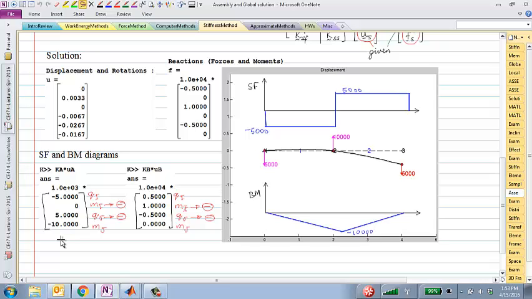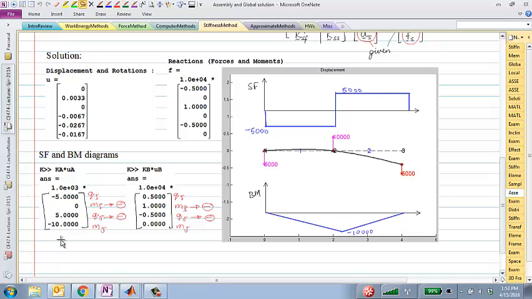And that reminds me also that as Dr. Liu sent out an announcement, in the code that we posted, there was a plotting problem. So even though it was computing everything correctly, it was not plotting the correct shear force diagram because there was a bug.